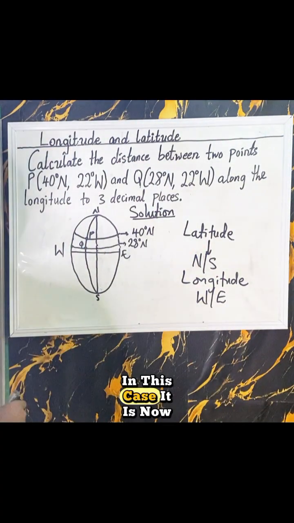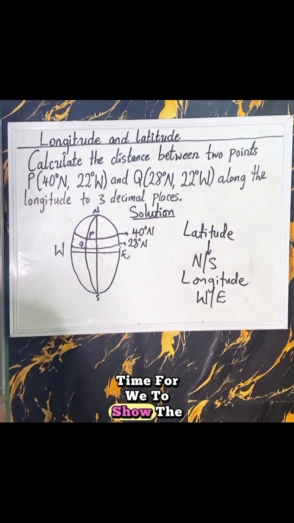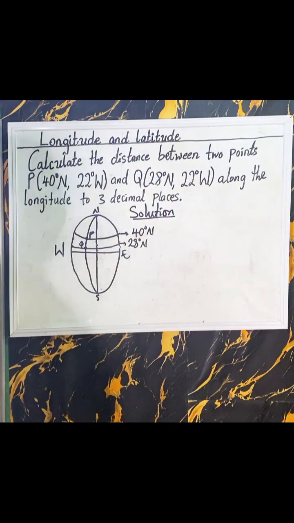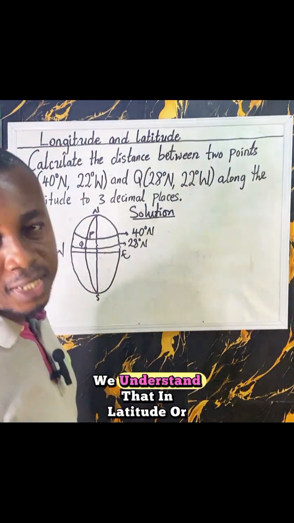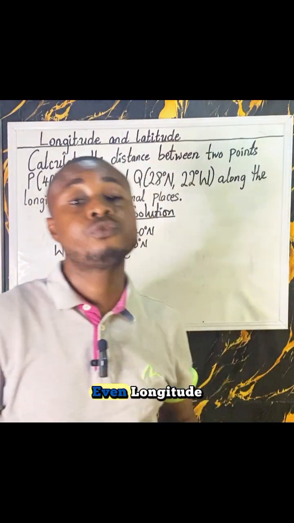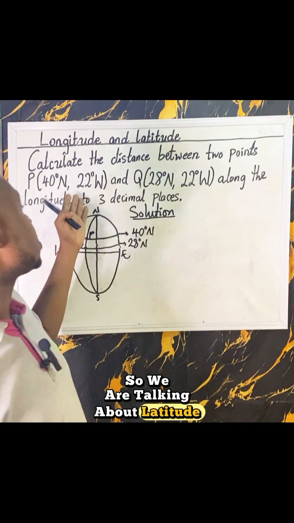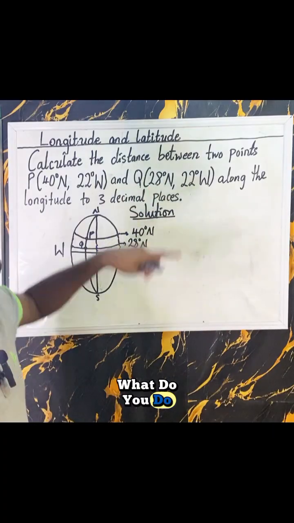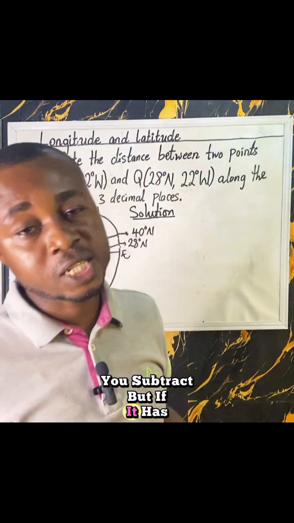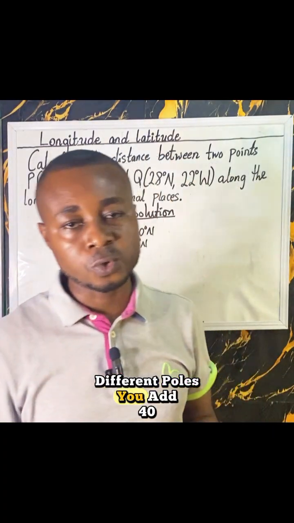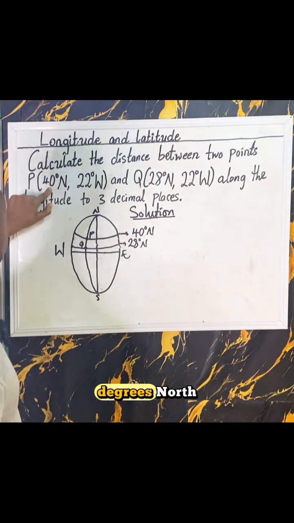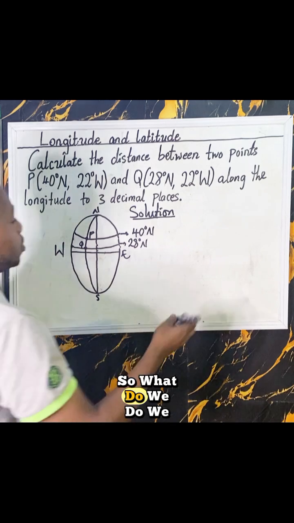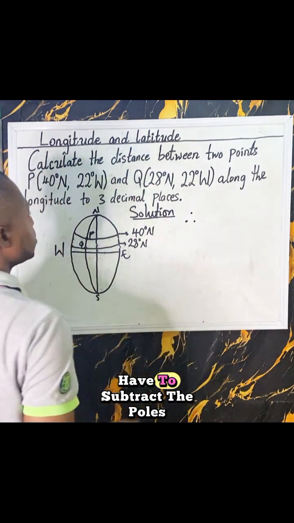In this case, it is now time for us to show the distance. To calculate the distance, we understand that in latitude or even longitude, so we are talking about latitude here, if they have the same pole, you subtract. But if they have different poles, you add. 40 degrees north, 28 degrees north, the same pole, north, north. So we have to subtract.